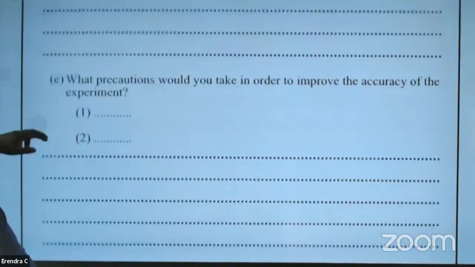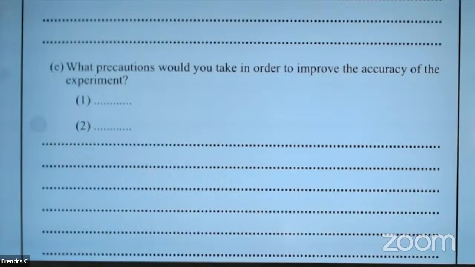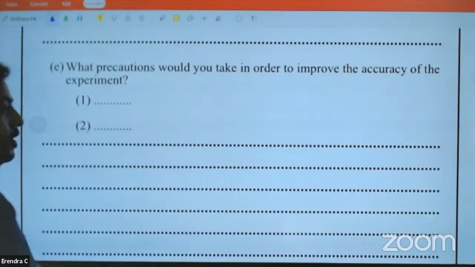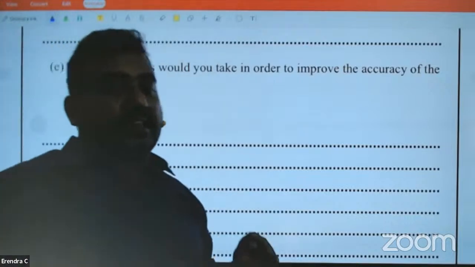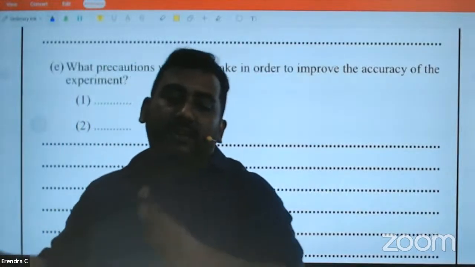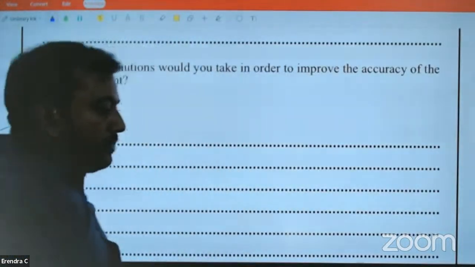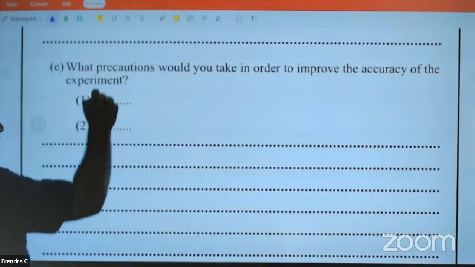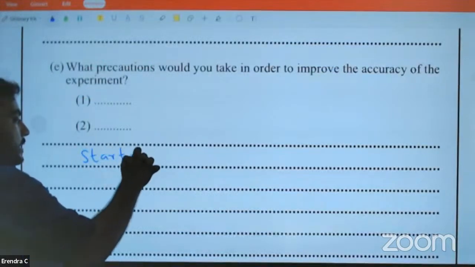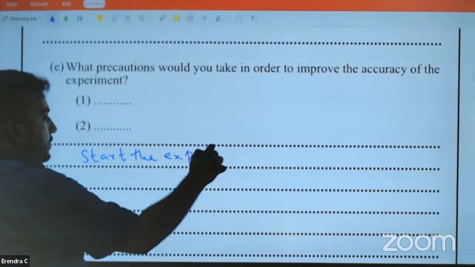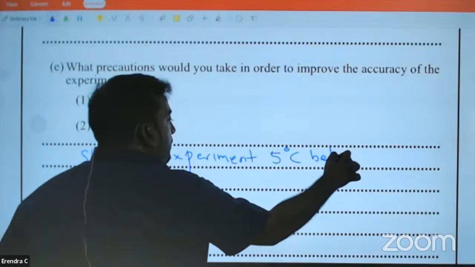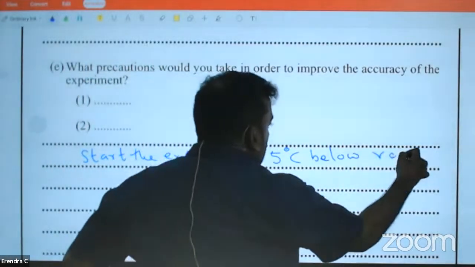What precautions would you take in order to improve the accuracy of the experiment? Remember, first thing you must write is to minimize the heat loss to the environment. How do you minimize it? We start the experiment 5 degrees below room temperature.